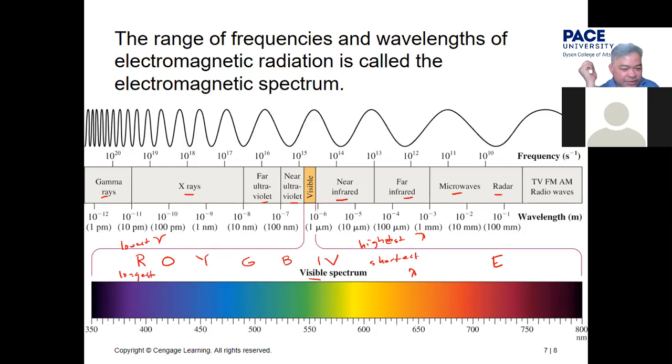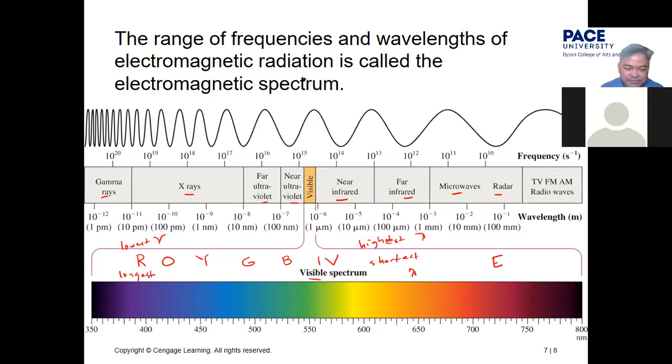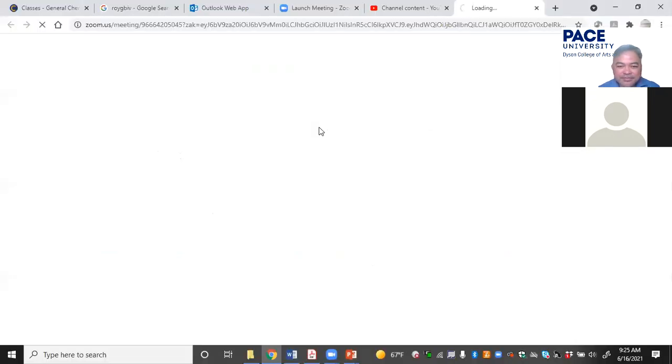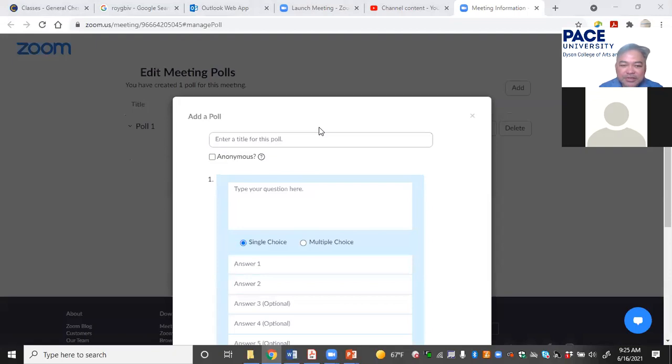Which is more energetic, the blue flame or the yellow flame? Anyone?